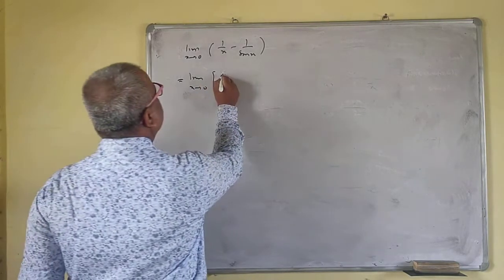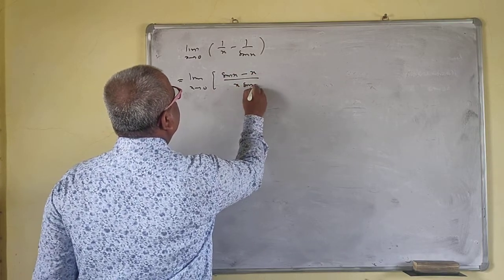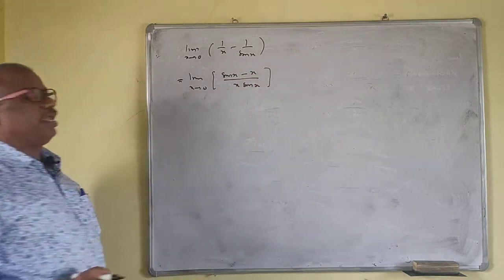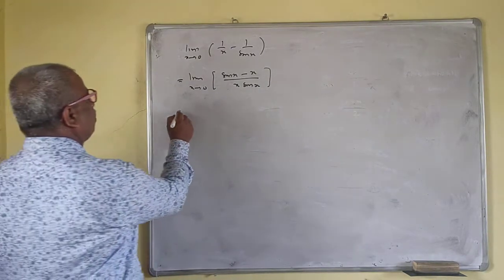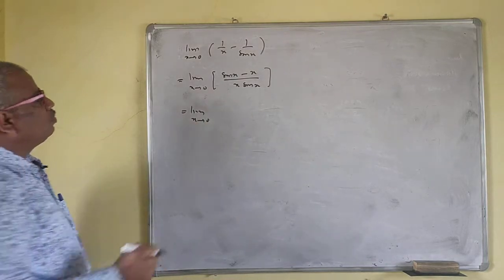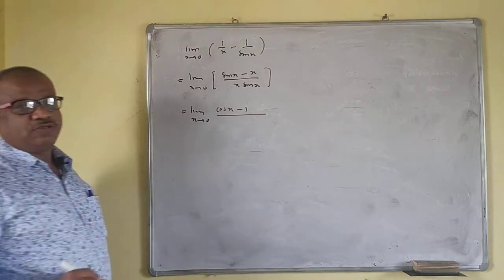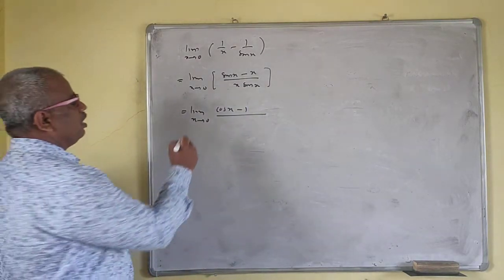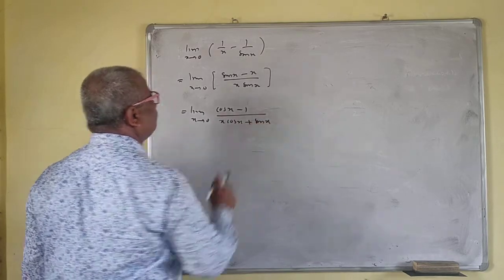So this is sin x minus x upon x sin x. Now see, this is 0 by 0 form. So now we'll apply L'Hospital rule. This is cos x minus 1 upon x cos x plus sin x.